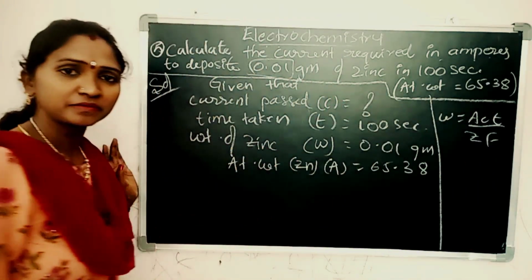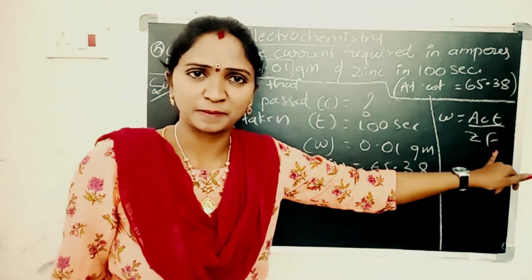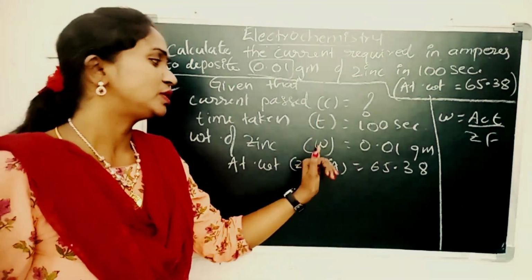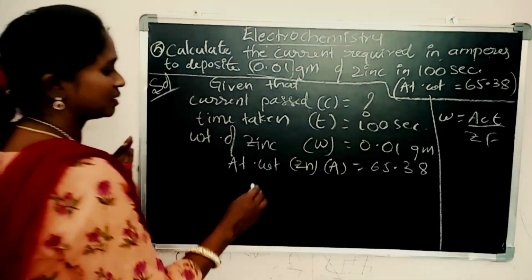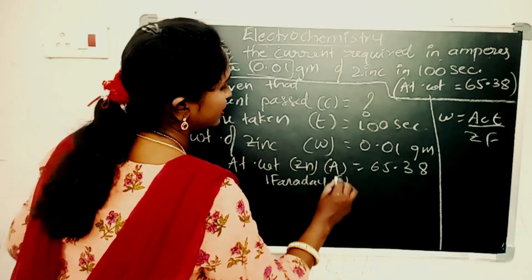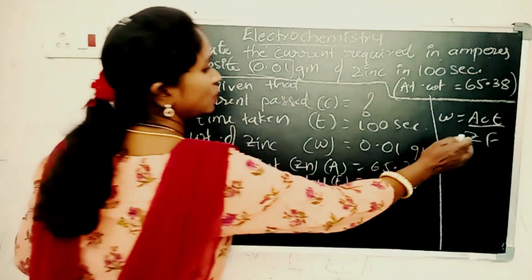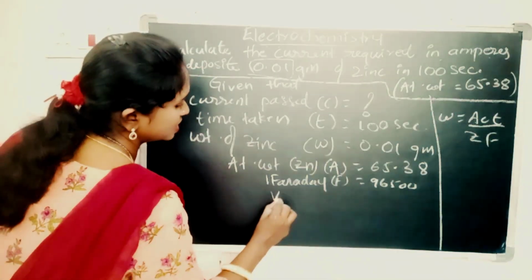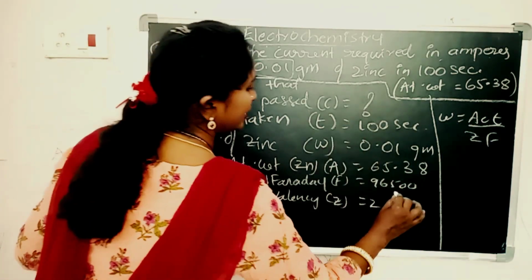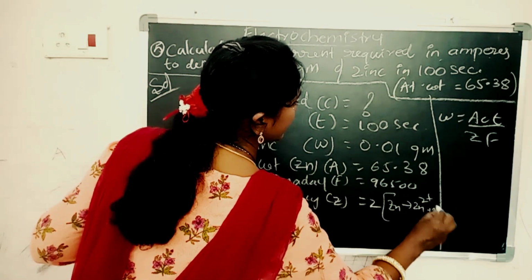Here we have to find C, while T, W and A are given. One Faraday, F, equal to 96,500 coulombs, which we already know. And the valency of zinc, Z, equal to 2, because zinc gives Zn2 plus by releasing 2 electrons.